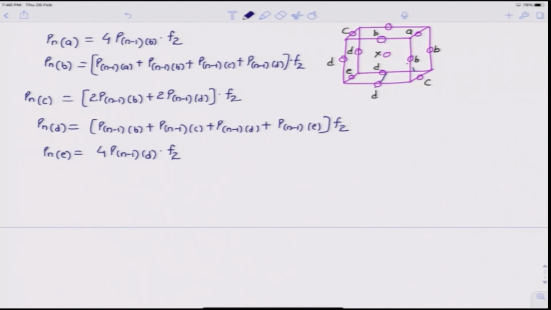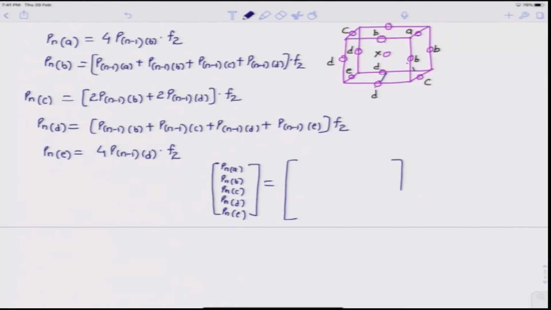So, if we write this in the form of a matrix, we will see Pn of A, Pn of B, Pn of C, Pn of D, Pn of E should be equal to the second column matrix.